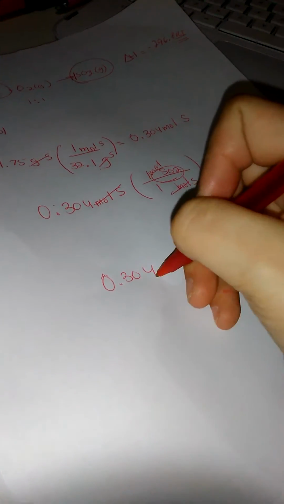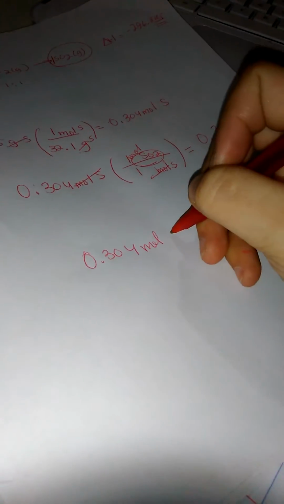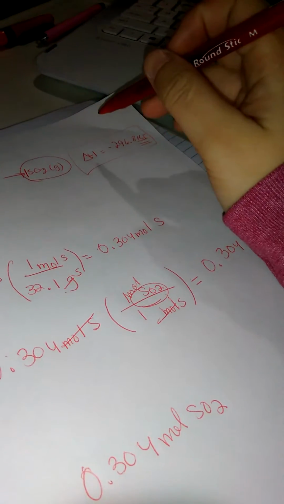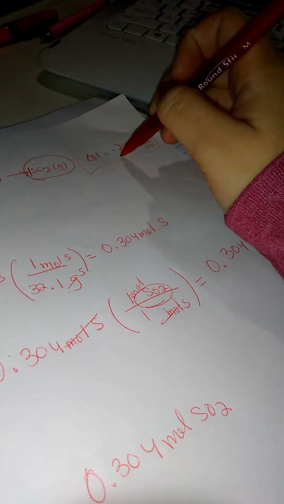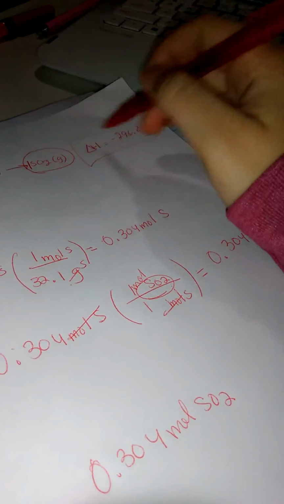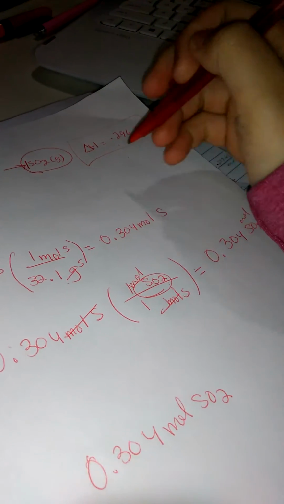Okay, so now that you have 3 or 4 moles of SO2, we are also given another piece of information, which is the enthalpy. With this, you can also do a ratio of the moles, meaning the coefficients.